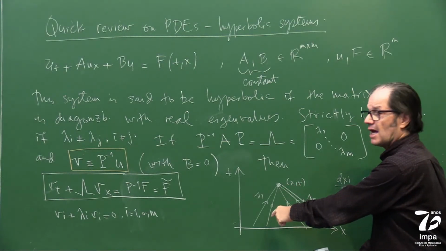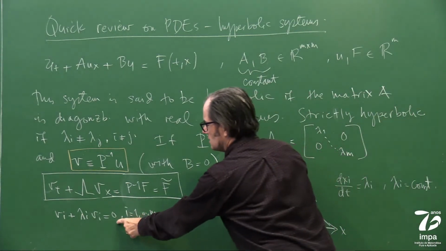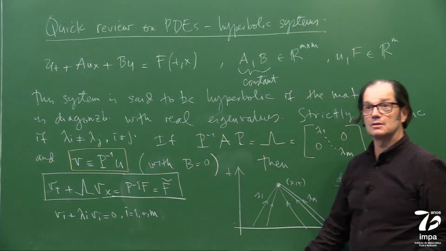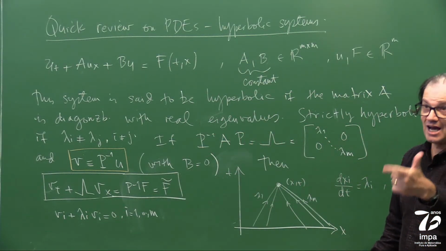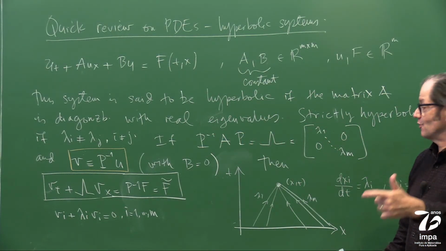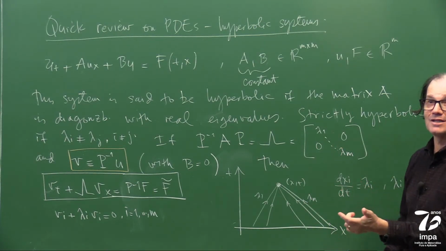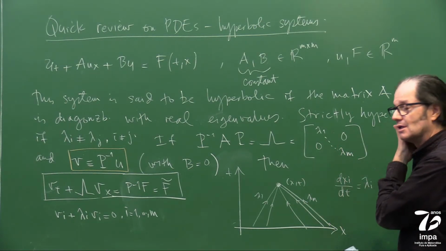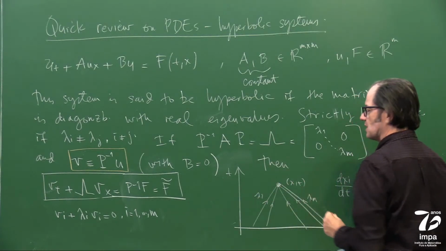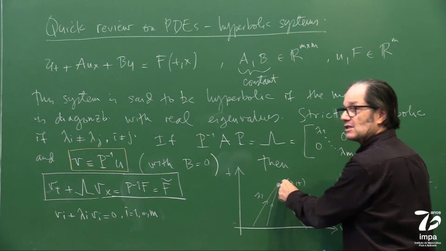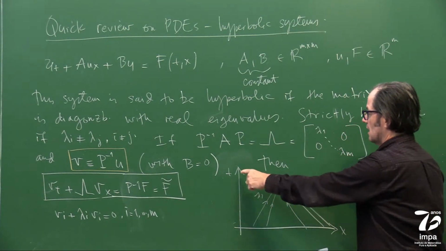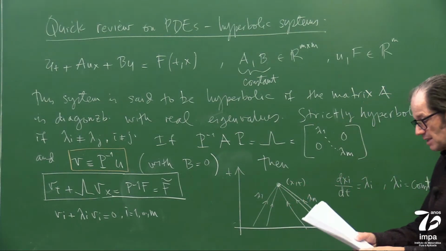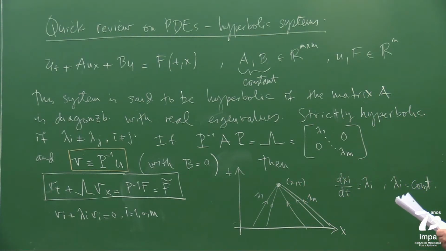And over these lines, in this case, V_i is constant over each i line, right? Line 1, line 2, line 3. And this is how the information from the initial data will propagate to this point in space and time, through the method of characteristics.